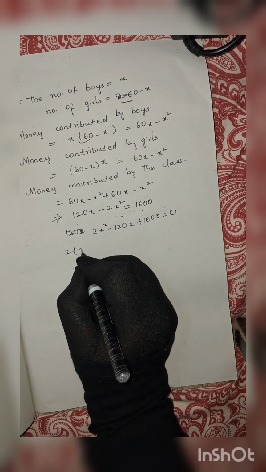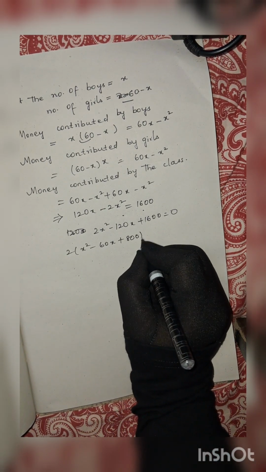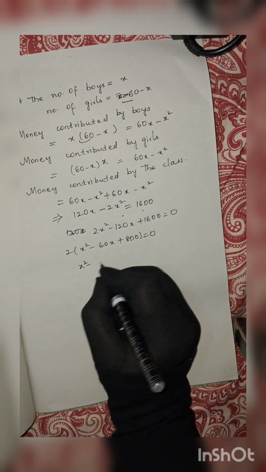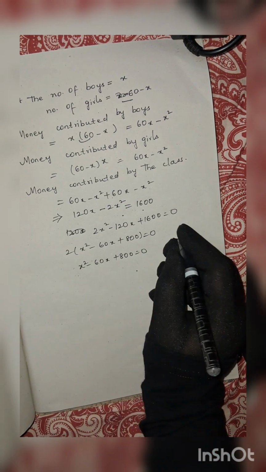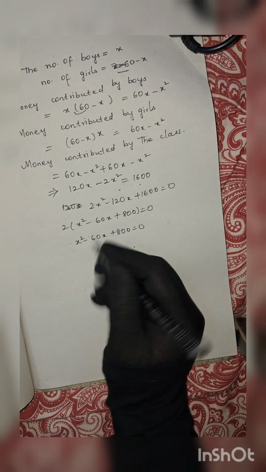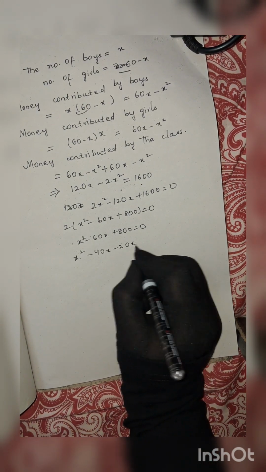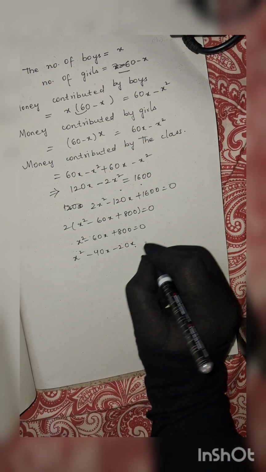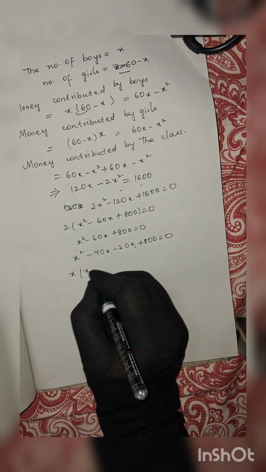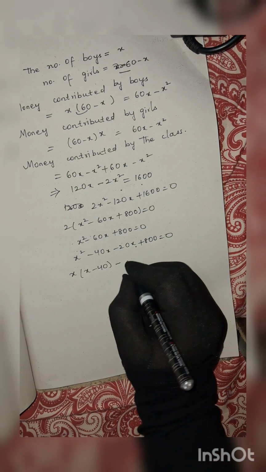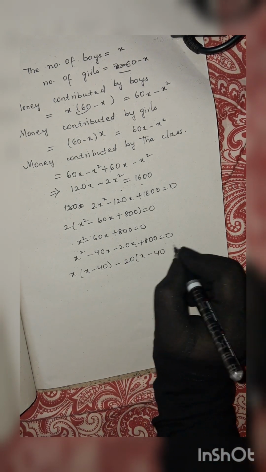If I take 2 out, x square minus 60x plus 800 is equal to 0. Sending the 2 away, the equation remains x square minus 60x plus 800 is equal to 0. Now x square minus 40x minus 20x makes 60x, and 40 into 20 is 800.